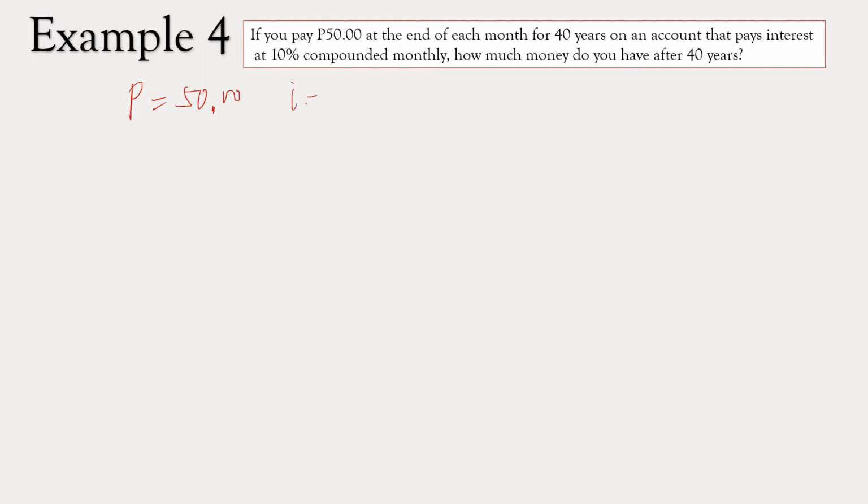I is R over K. So, ano ba yung interest rate nun? 10%. So, 0.10 over, that's compounded monthly. So, how many months in a year? So, over 12. So, i-divide mo yan.